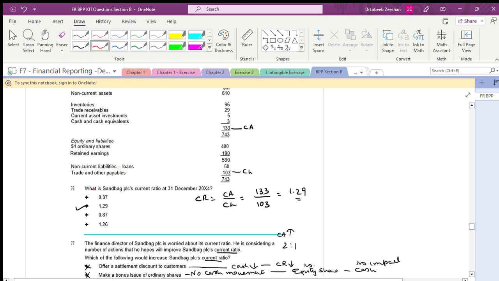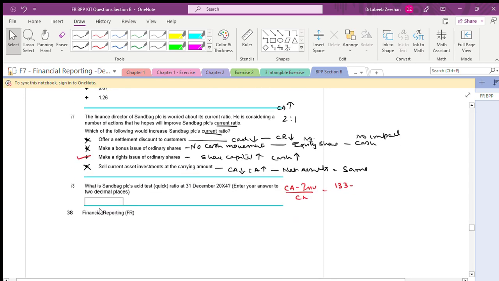Inventory is 96. So 133 minus 96. Current liabilities are 103. 37 by 103 comes to 0.36. So 0.36 to 1.